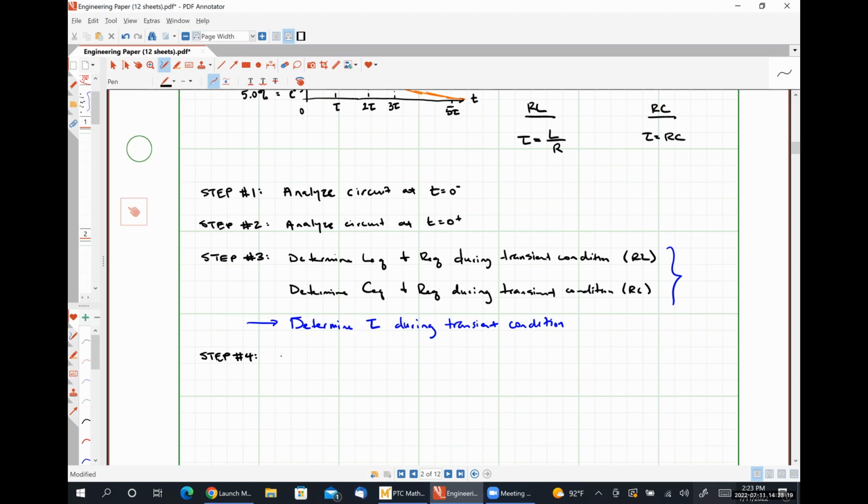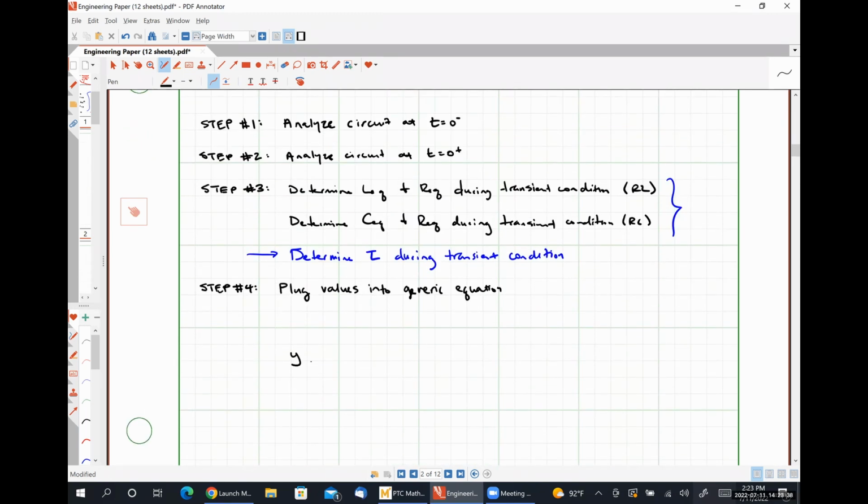And our step number four will be plug values into our generic equation, where our generic equation will be y of t is equal to y of 0 minus, for t less than 0 minus, and y of 0 plus times e to the negative t over tau for t greater than or equal to 0 plus.